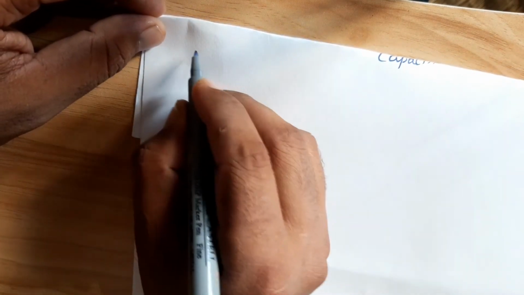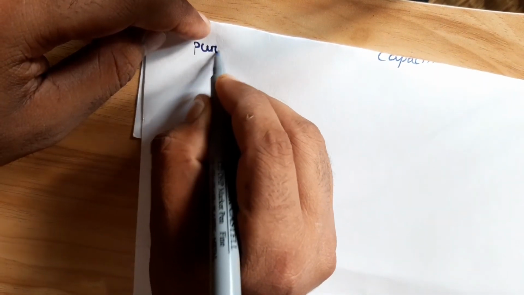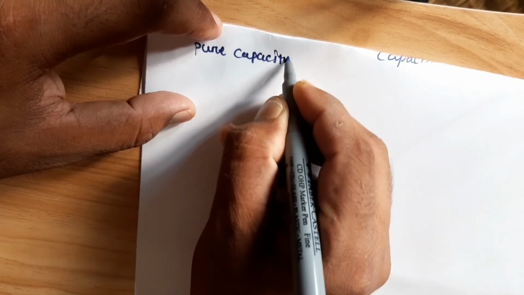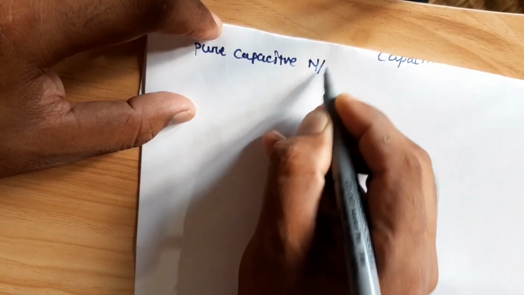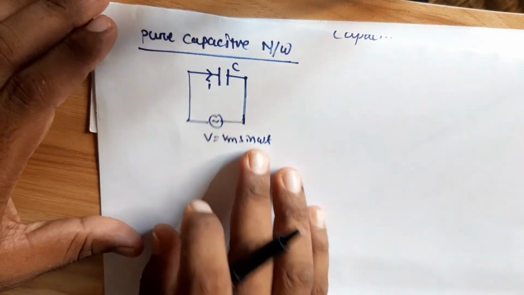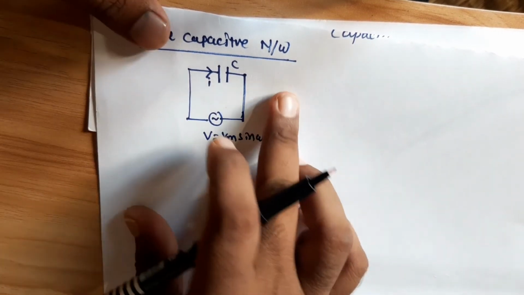This is the circuit, a pure capacitive network. In the case of a pure capacitive circuit, the circuit looks like that.